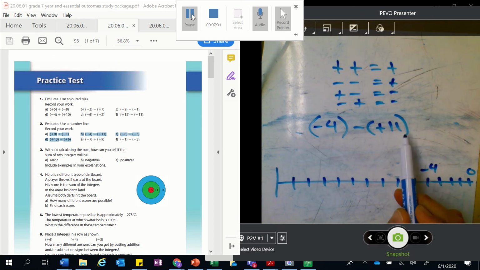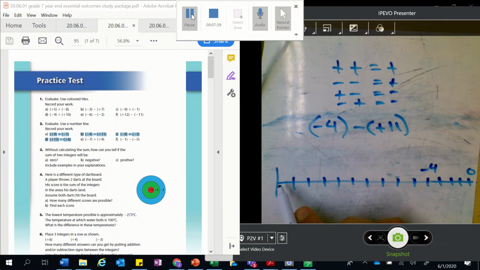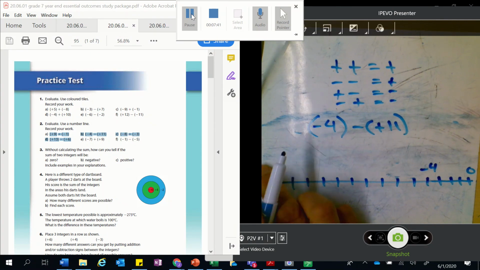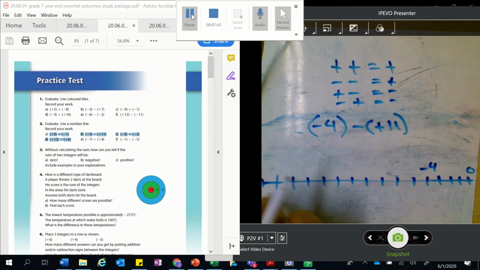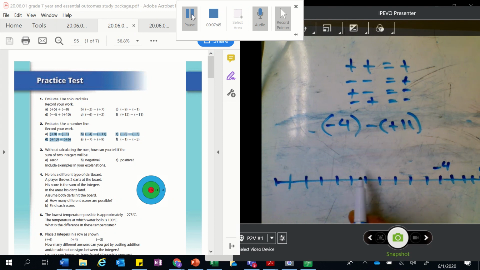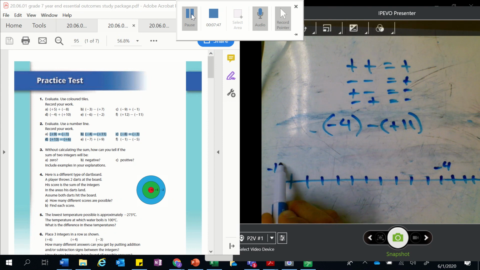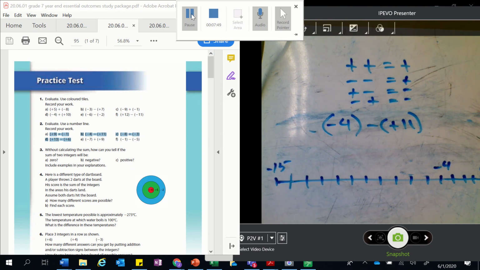Minus plus 11, minus a positive is going down, so we're going down another 11. 1, 2, 3, 4, 5, 6, 7, 8, 9, 10, 11. Minus 4 minus 11 is minus 15, right there.